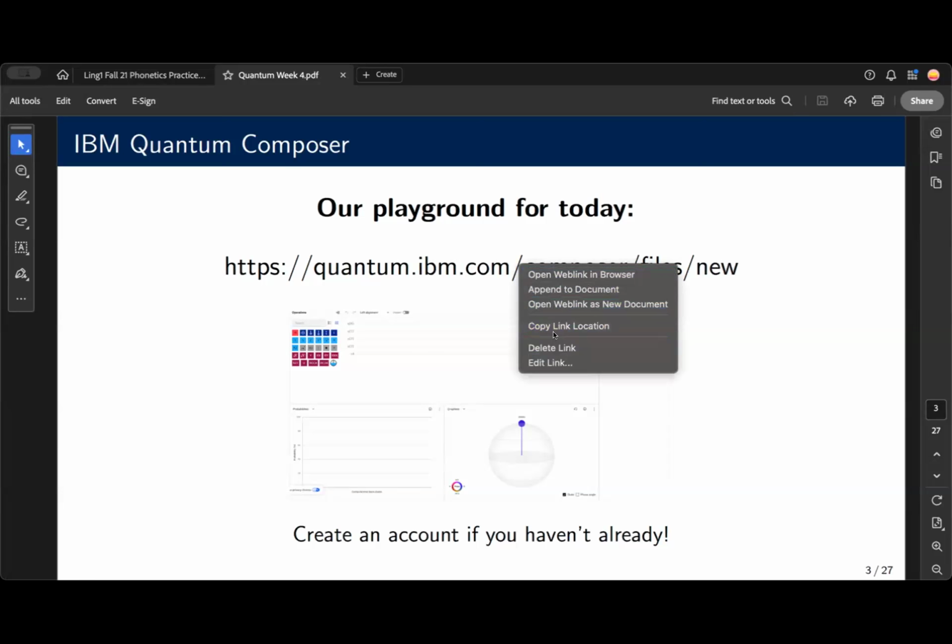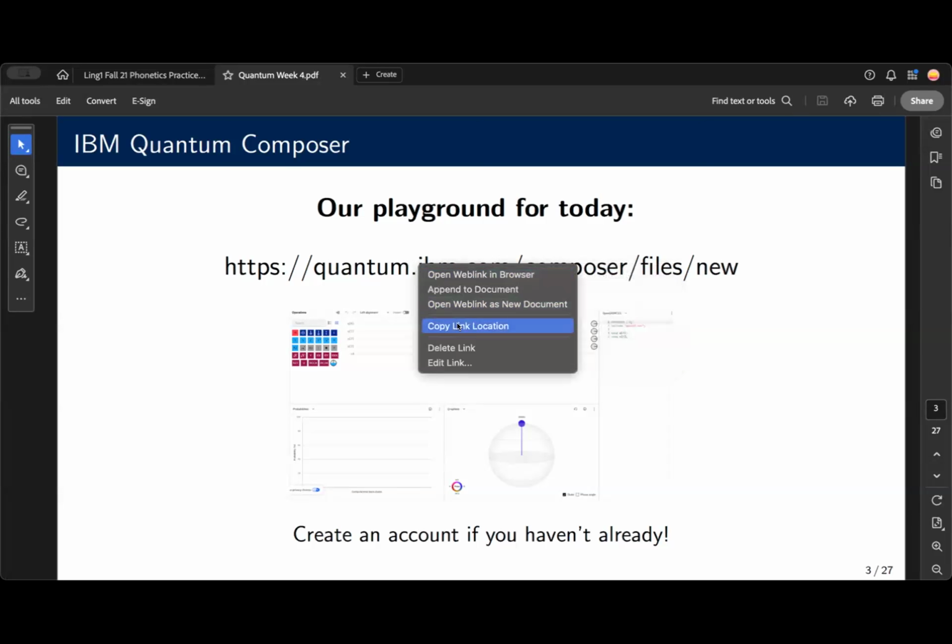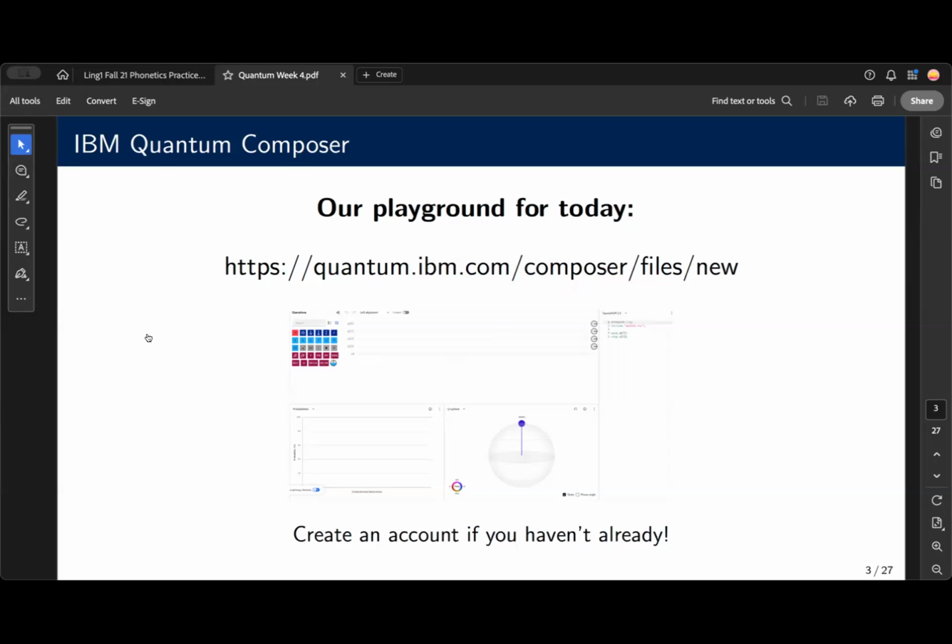I'll just copy this link and drop it in the Discord. Do you guys have access to the Discord server, the ACM Discord? Okay. So I just sent the link there. I shall invite you to the server.